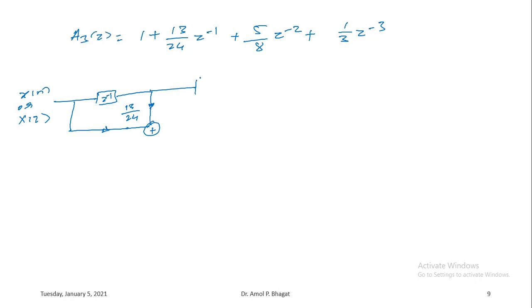Then another delay element, again a constant multiplier for 5 by 8, and this will be added here.